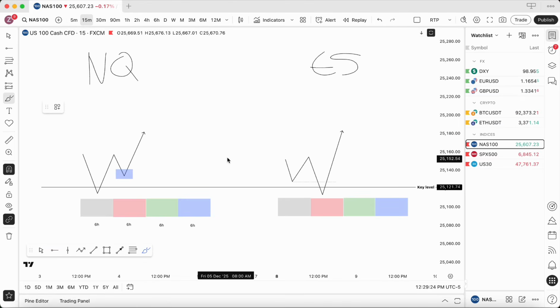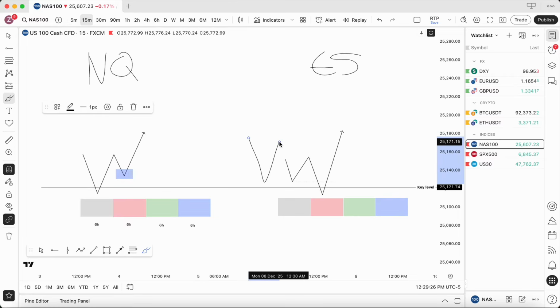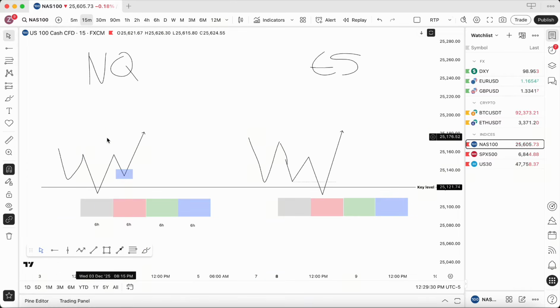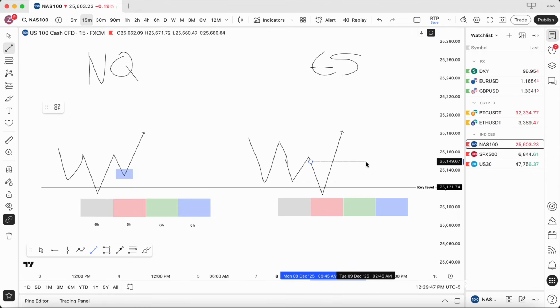Here we have some liquidity pool above the key level, and right here we have another liquidity pool. It can happen like that: Nasdaq swoops the low above the key level in Q1, and yes, fails too. Now Q2 is what? From episode number 1, it's the true open, right?